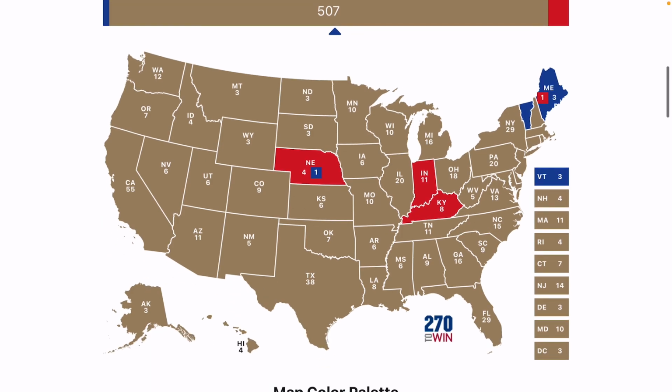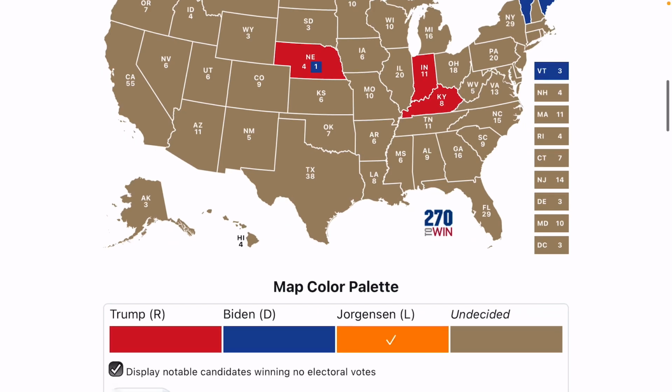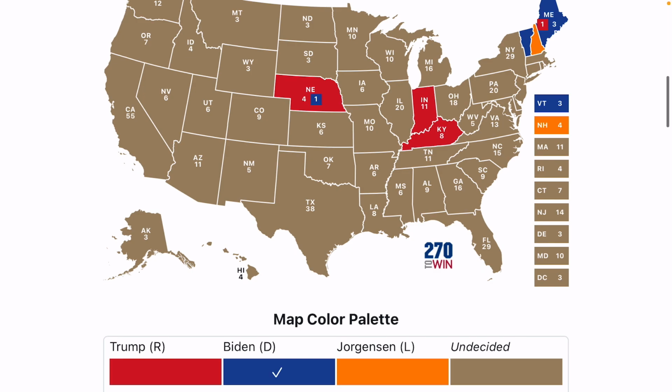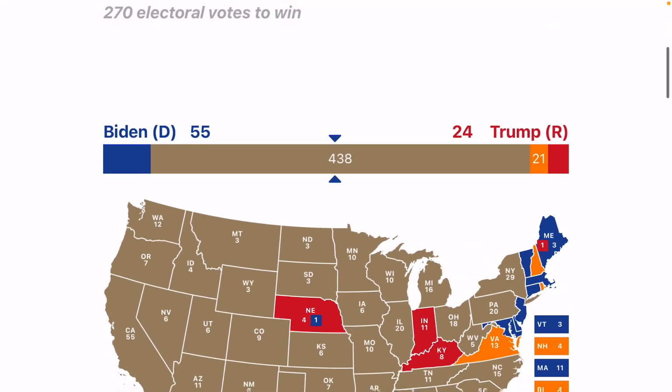New Hampshire was too early to call for a little bit, but you had, of course, the rest of these states along the East Coast filling in. Virginia was too early to call at first, and so was Rhode Island, interestingly. So right now, you have Biden with 51 electoral votes, Donald Trump with 19, and there are 21 electoral votes still up in the air, too early to call.